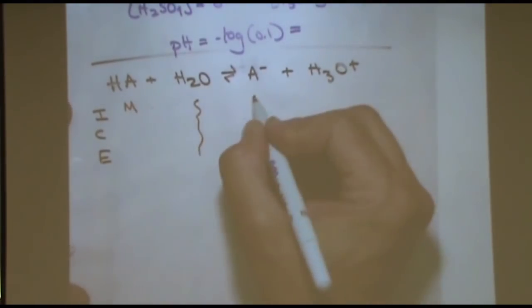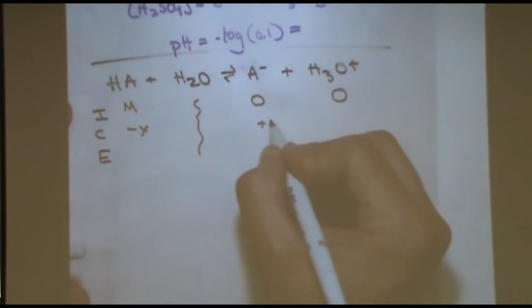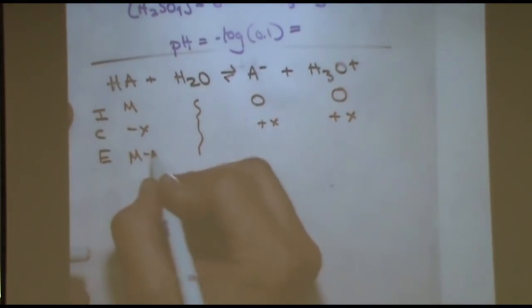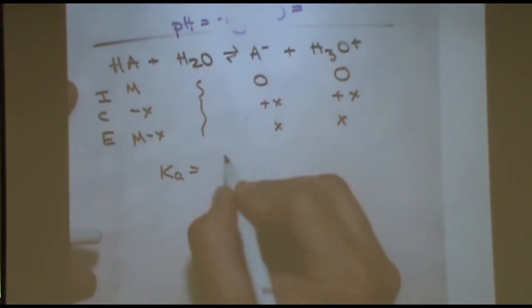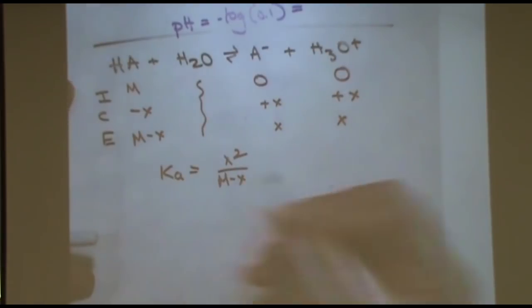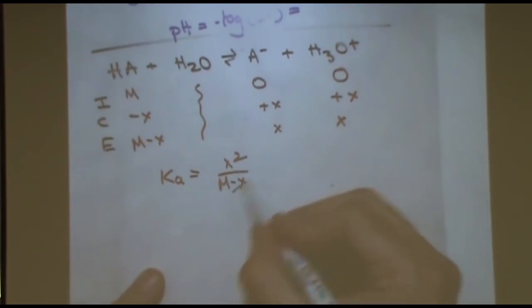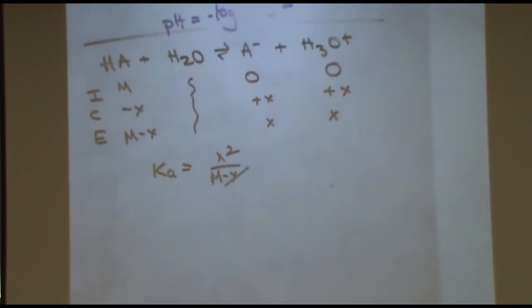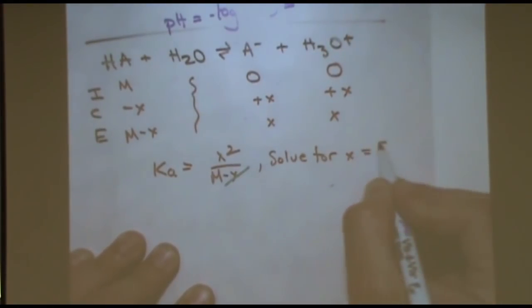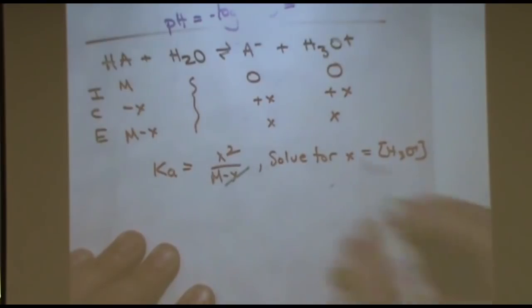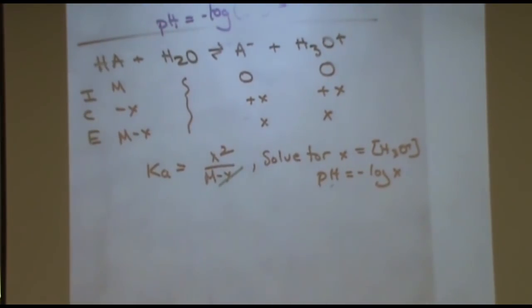You're going to say Ka is equal to x squared over M minus x, like what we've done before. Assume x is small because Ka will likely be small. You're going to solve for x, and that's going to equal the H3O plus concentration. And then you're going to say pH is the negative log of x. So that would be your typical solving.